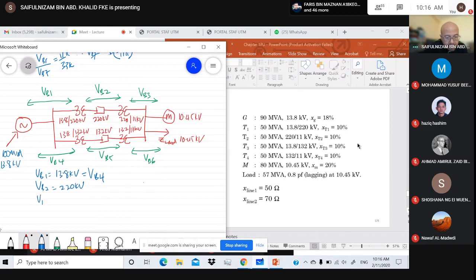VB3 equal to 11 kV, VB5 equal to 132, and VB6 equal to 11.